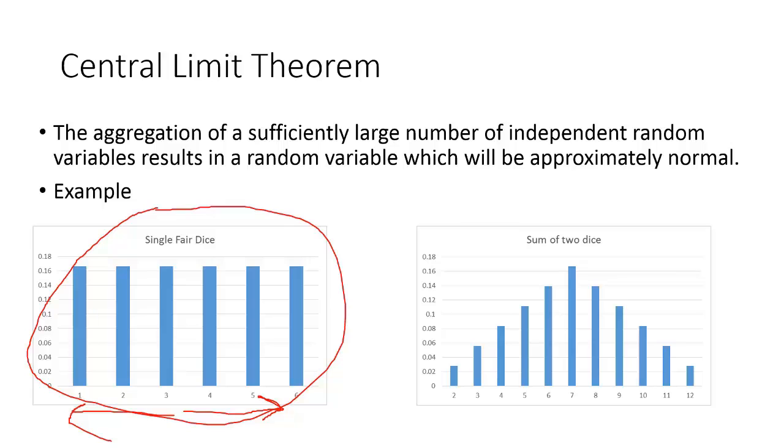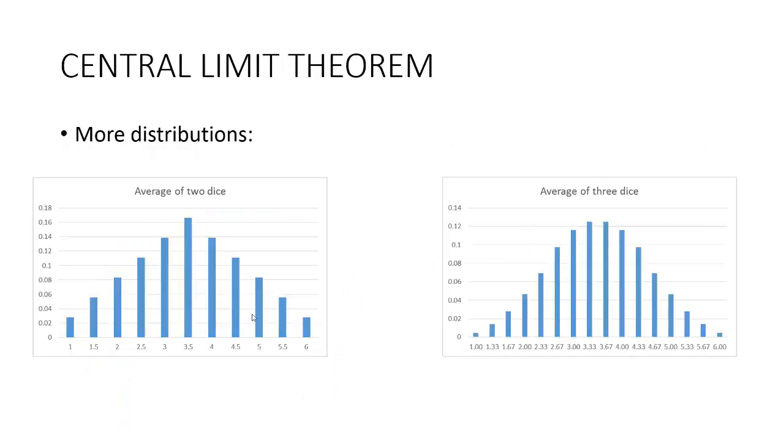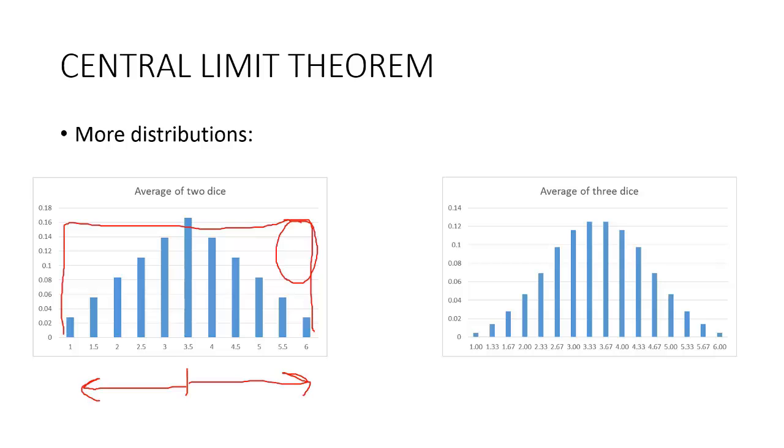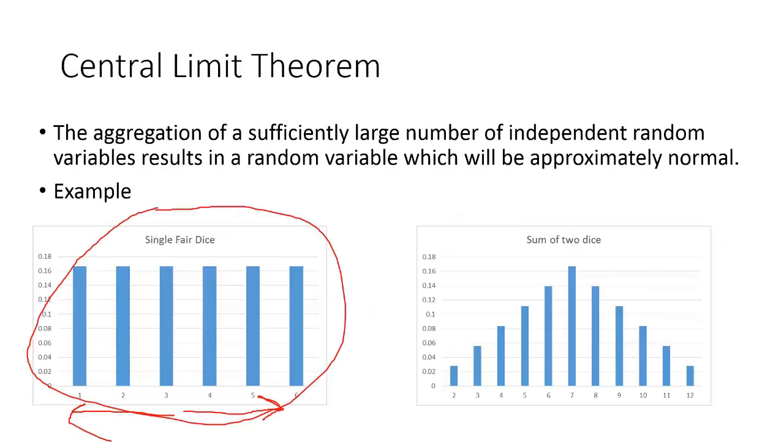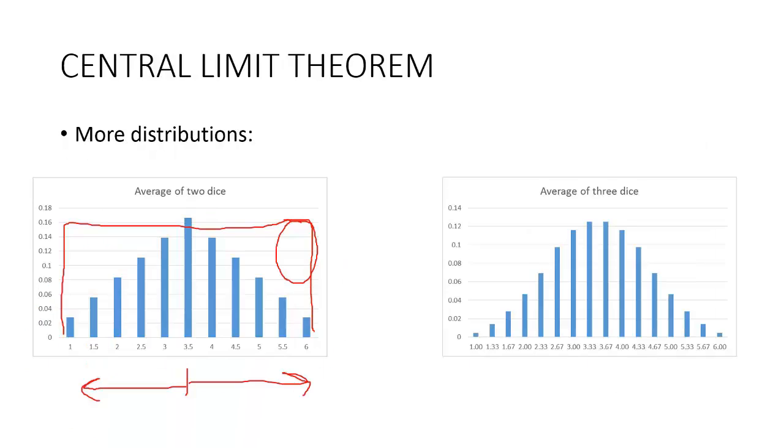Now take a look at the average of two dice, right? The mean is the same, it's centered around the 3.5, but the spread has decreased, right? Before, the spread was like this. So there was a higher probability of seeing values in the earlier graph, right, out here. You had data points that were with a higher probability further away from the center at 3.5.